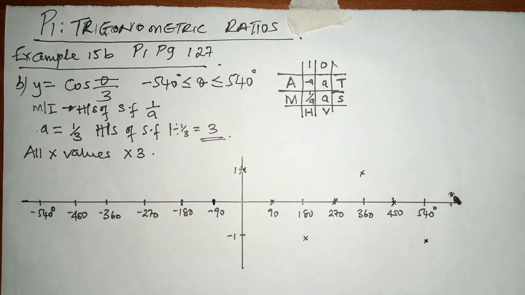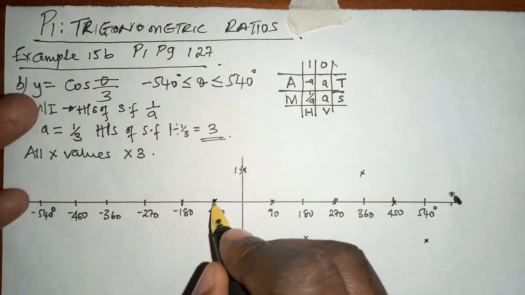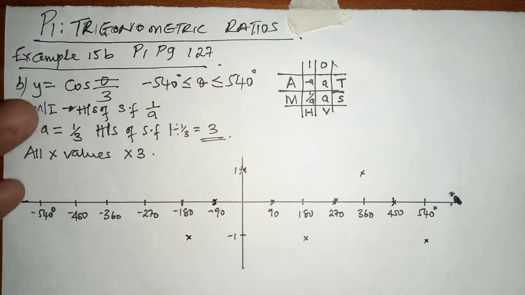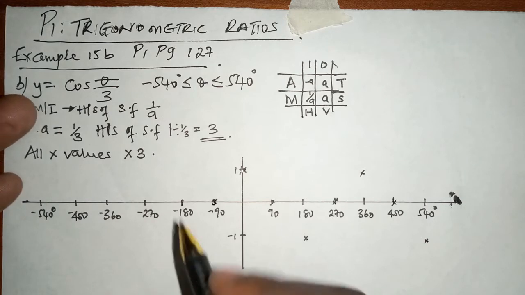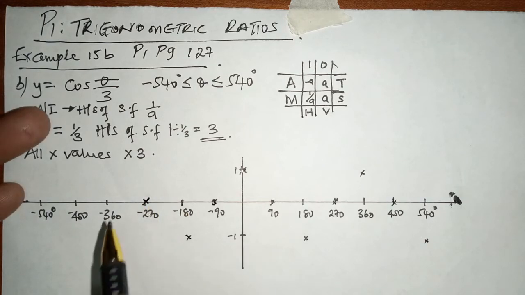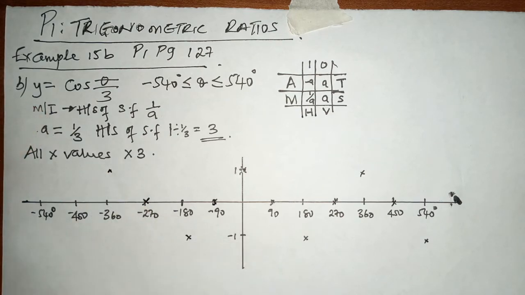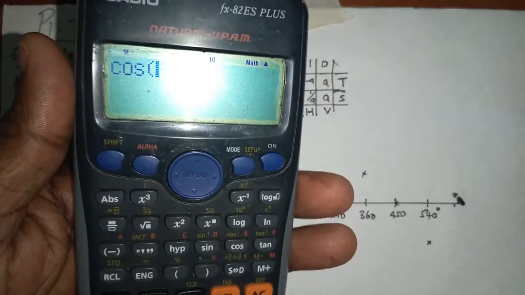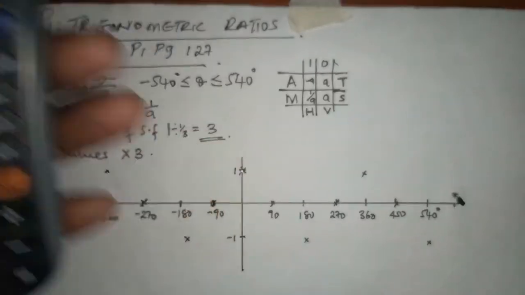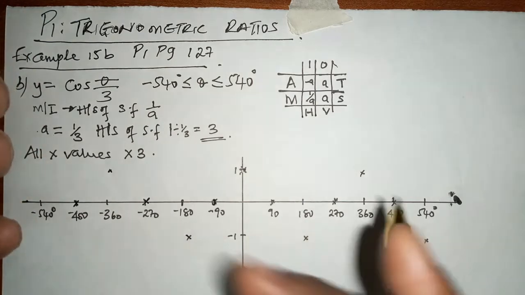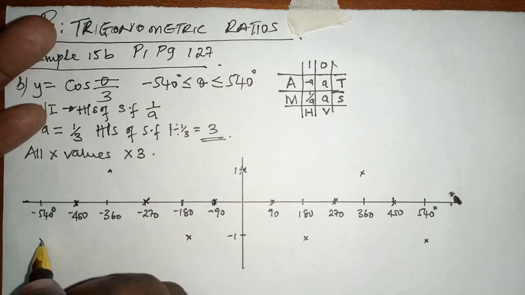So we have a graph that oscillates between plus 1 and minus 1. On the negative side, the same thing happens. The cosine of minus 360 is 1, the cosine of minus 450 is 0, and the cosine of minus 540 degrees is again minus 1.